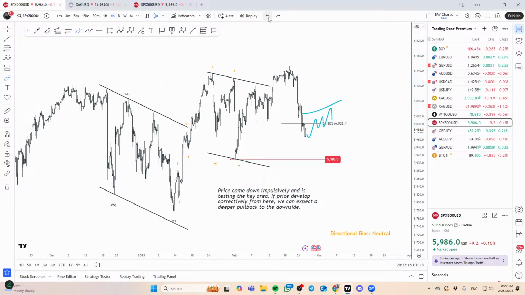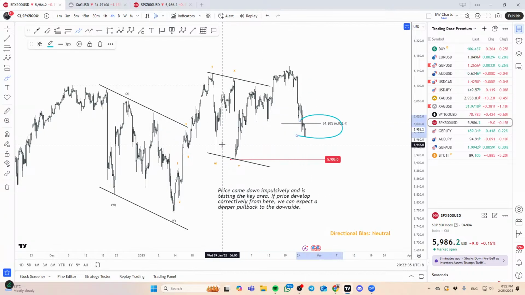But of course, this recent move doesn't make the market bearish at all. In the overall grand scheme of things, it doesn't make the market go into a bearish mode, right? Short term there's a bearish opportunity, as I covered. But what we want to observe is how the market is going to develop around this 61.8.